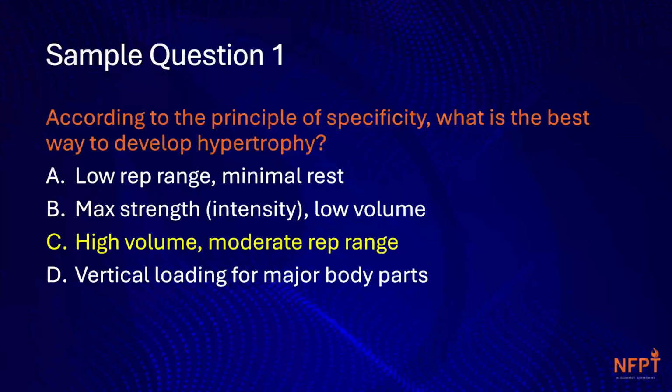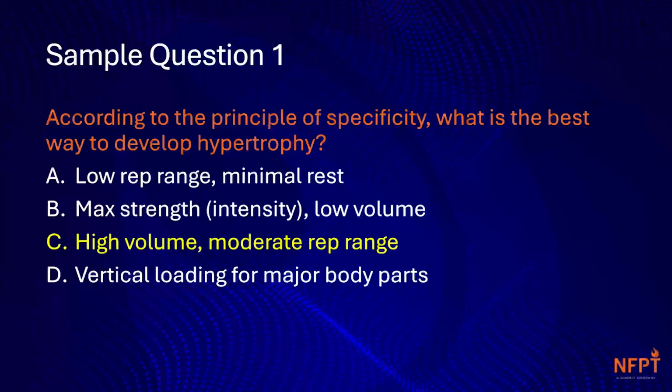All right. So when we look at this, answer option A, is it a lower rep range with minimal rest? Now, we do know in order to increase lean body mass, we have a lower rep range, but we're not all the way down at the bottom of the scale.